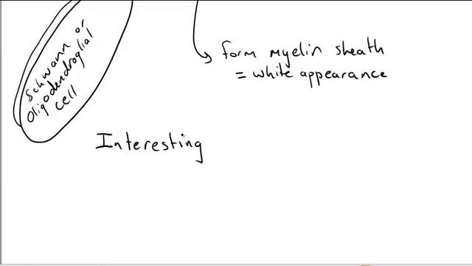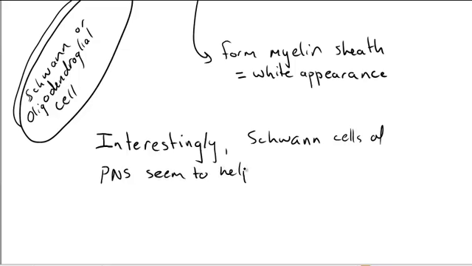How they form their myelin around is slightly different, and also, interestingly, Schwann cells of the PNS seem to help in nerve regeneration in the PNS.